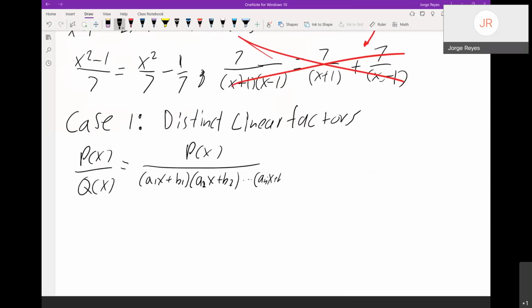So q of x factors into a whole bunch of linear factors, a1x plus b1, and so on. The goal is we want each factor to be its own fraction, so we're going to split the denominator by every single term.